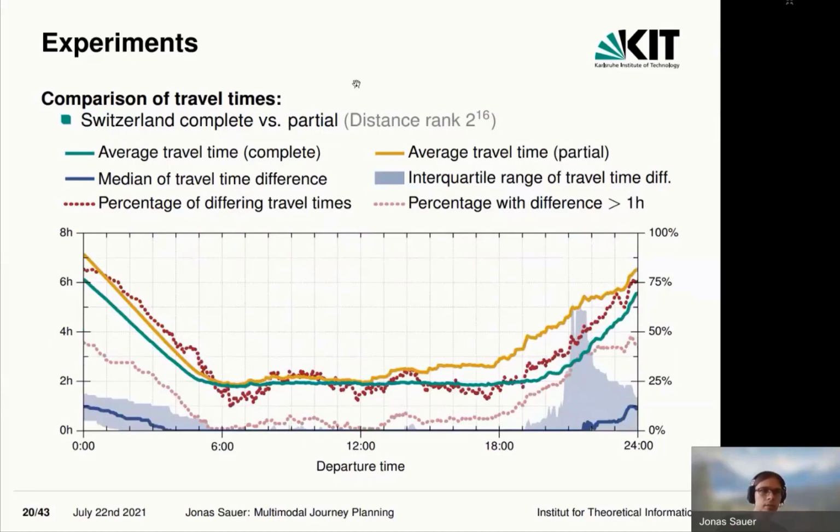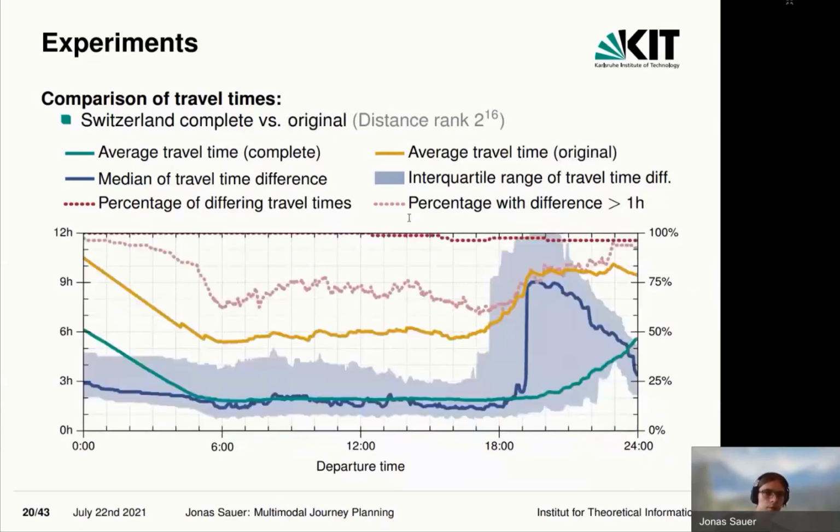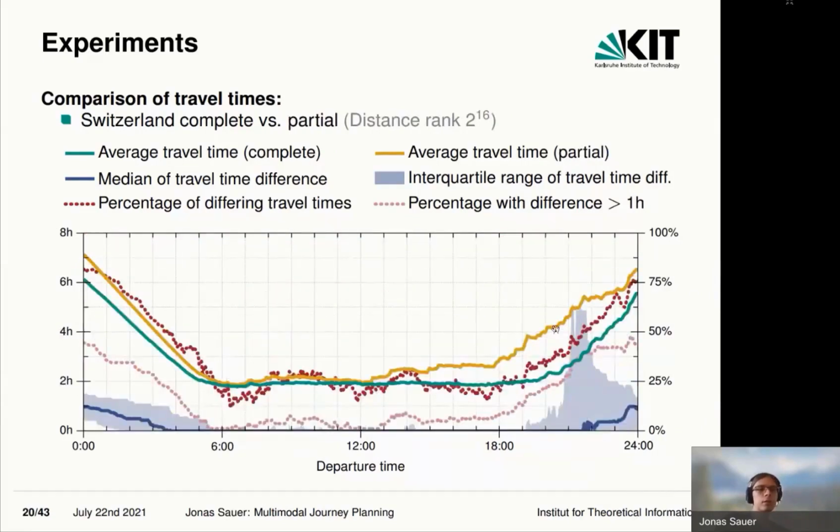Now let's do the same experiment with the partial network. Let's switch back just to compare the two. So we can see that the difference shrinks considerably, and that's probably not as surprising, because now we no longer have the problem where we start at one station and we can't get to the next one, even though that would be a more reasonable place to start.